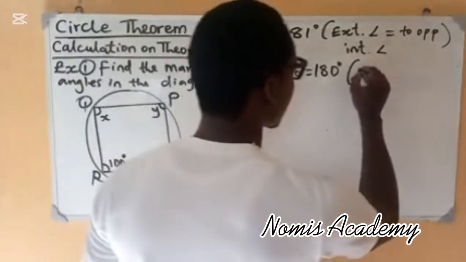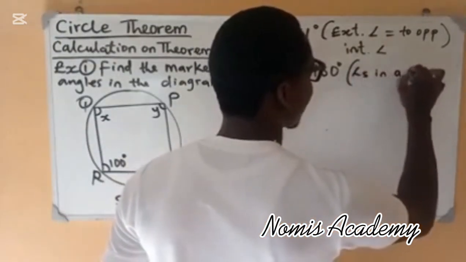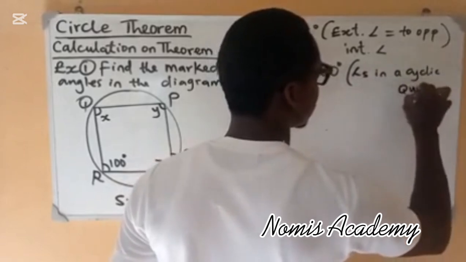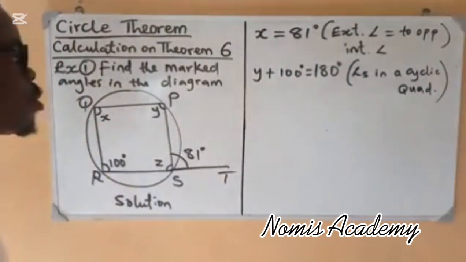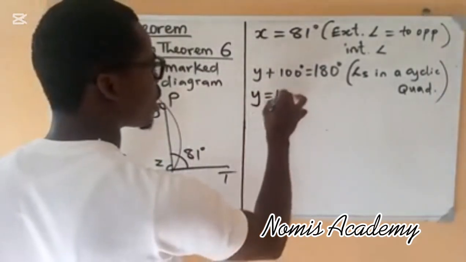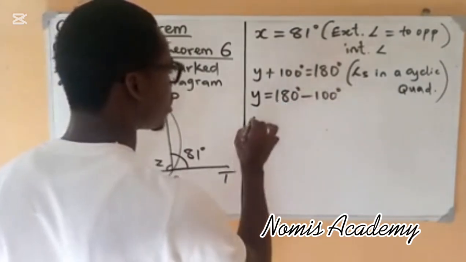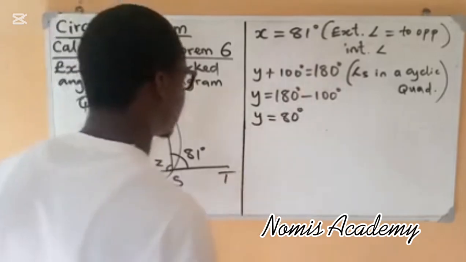So we just say sum of angles in a cyclic quad, that is quadrilateral. So Y is equal to 180 degrees minus 100 degrees. So the value of Y is 80 degrees.